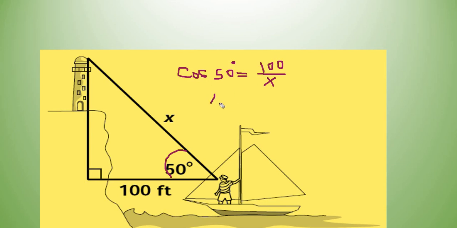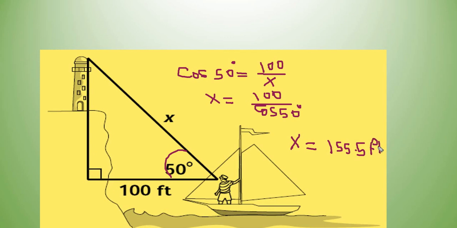Cross multiplication, we get x equals 100 divided by cosine 50. Therefore, x equals 155.5 feet. The distance between the man and the top of the lighthouse equals 155.5 feet.